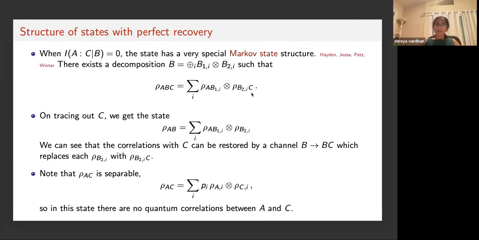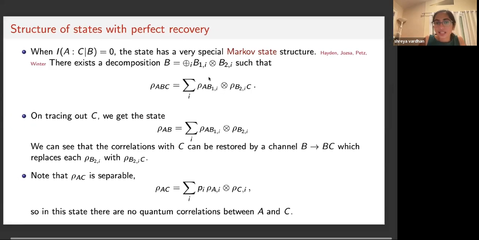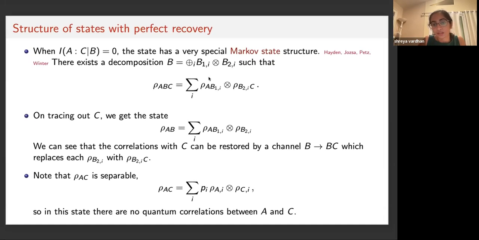Once the state has this structure, you can see why you should be able to recover the whole state just by acting on B. Suppose you trace out C, then this is the state that you get. And you can restore the original state just by some channel that acts on B and sends each of these rho B2i's to the appropriate state rho B2iC. And the Petz map that I wrote down on the previous slide accomplishes this task.